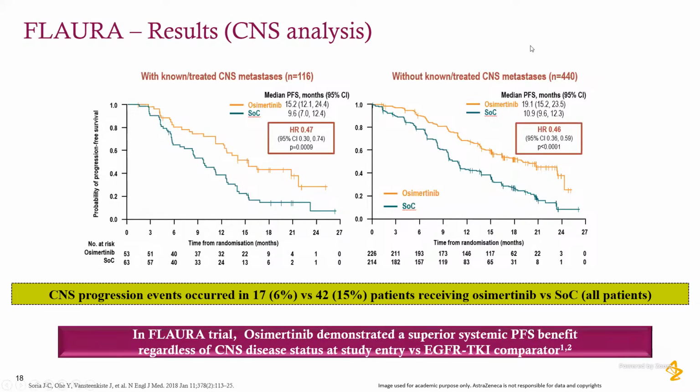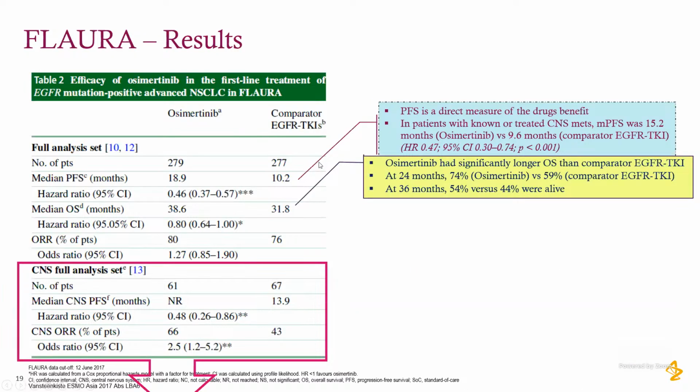For known or treated CNS metastasis, the hazard ratio is 0.47, and without CNS metastasis, the PFS also separates widely from the very beginning. Osimertinib has a superior PFS benefit regardless of CNS disease status in comparison to the first generation TKI.